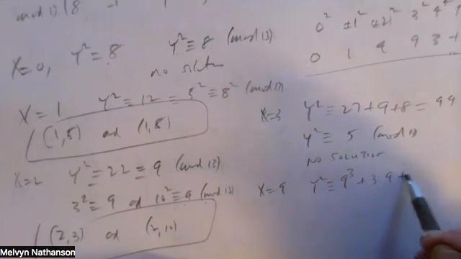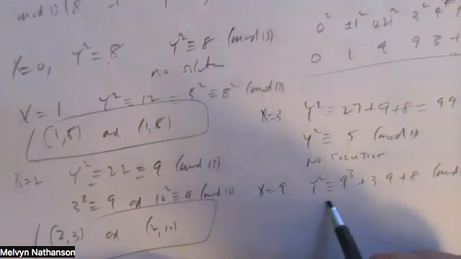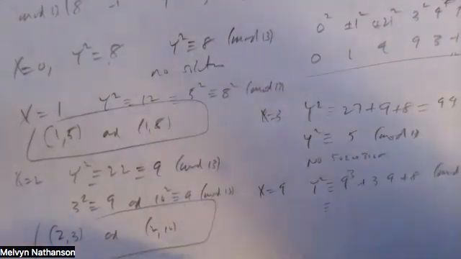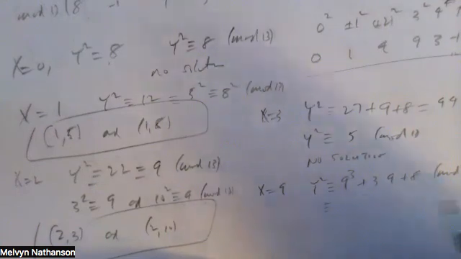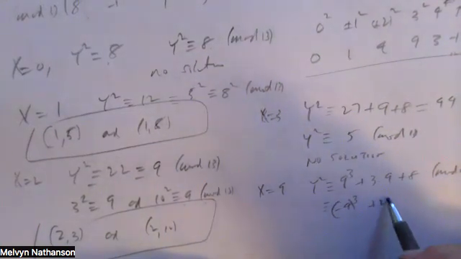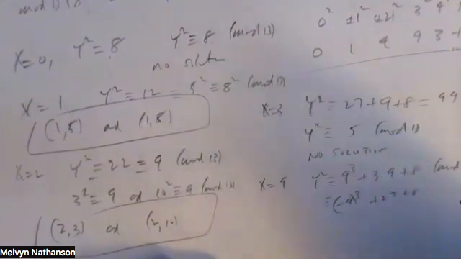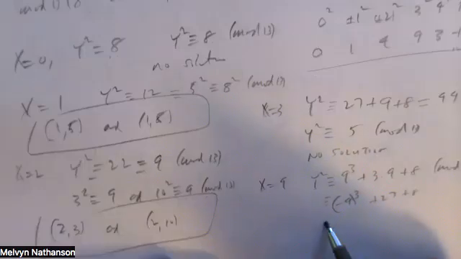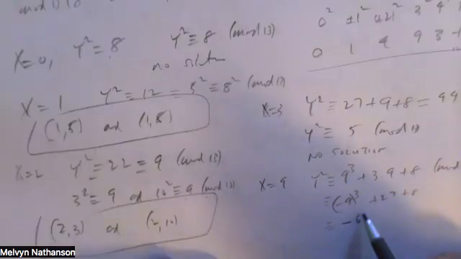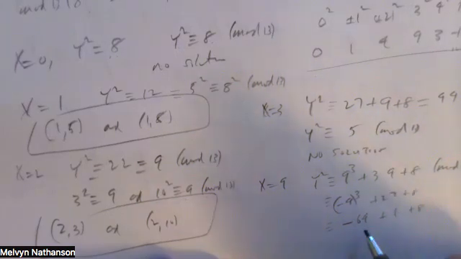times 9 plus 8 mod 13. Let's see, what is that? 9 cubed. 9 is the same as minus 4. So it's like minus 4 cubed plus 27 plus 8. Minus 4 cubed is minus 64. 27 is 1 plus 8.